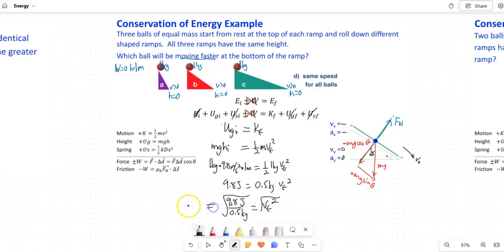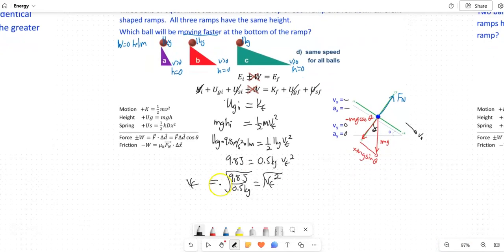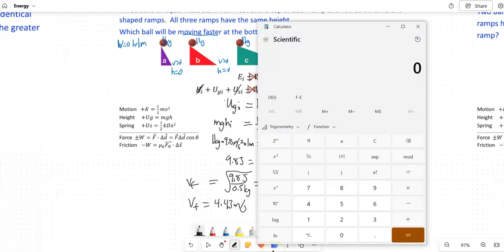And when we do that, V final is going to be equal to 4.43 meters per second. Again, you're going to take 9.8 divided by 0.5 and then square root it, 4.43.